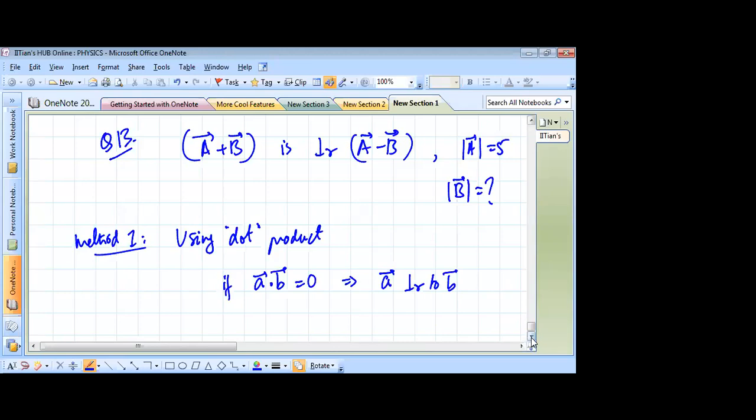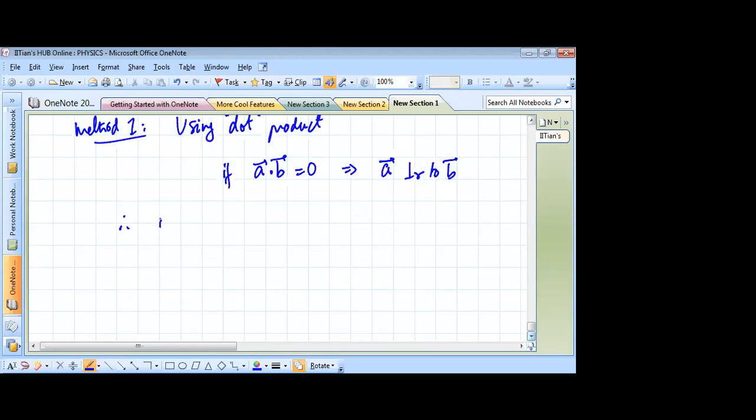So we can say the reverse of that. So therefore, if capital A plus capital B is perpendicular to the vector capital A minus capital B, that means that their dot product, that is the dot product of this vector and this vector, should be 0.